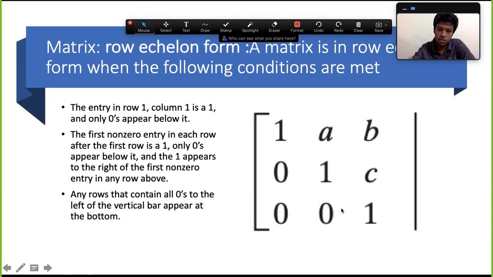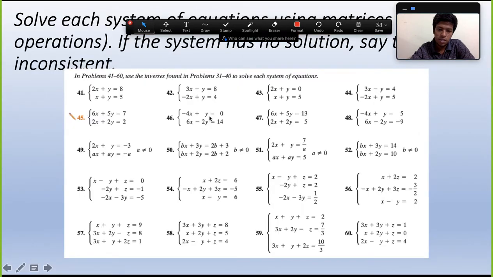This is the row echelon form. As you know, if the diagonal element is 1 and everything below the diagonal elements is 0, this is called row echelon form. In most cases, our target is to bring the matrix into row echelon form. There is another one called reduced row echelon form, where the entries above the diagonal are also 0.